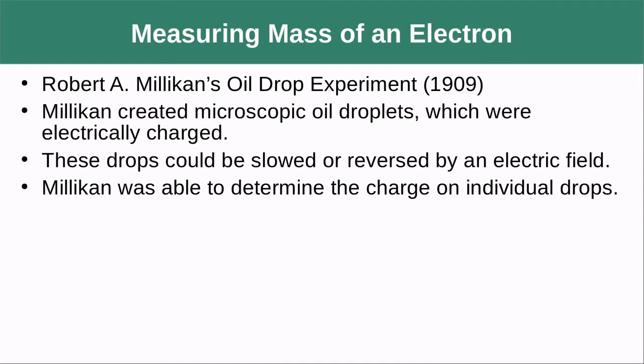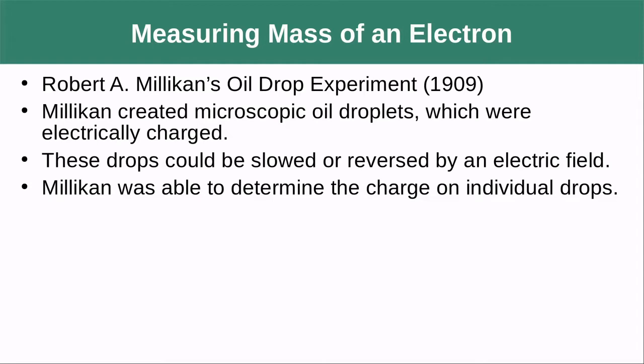The next experiment was by Robert Millikan with his oil drop experiment. What he was doing was taking microscopic, really tiny oil droplets, and he was able to electrically charge them. He then exposed them to an external electric field, and he was able to slow or even reverse them. Like they were dropping down, and he was actually able to slow them down as they were dropping. And what he was really trying to do was get them to hover there.